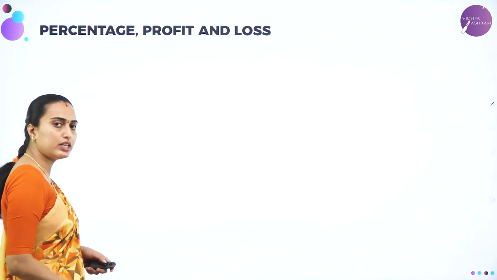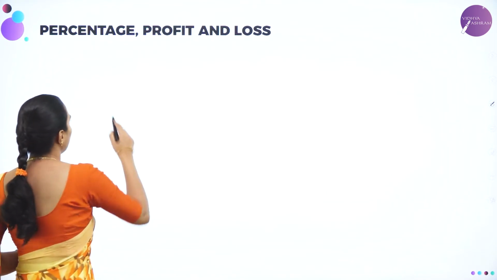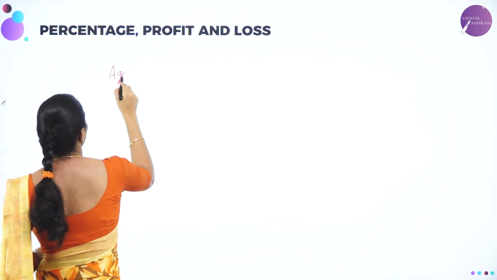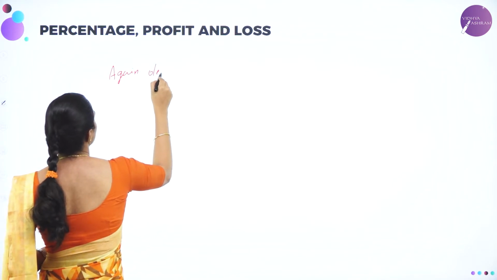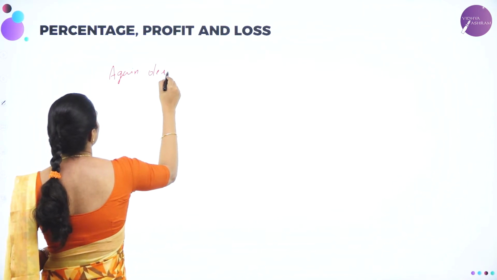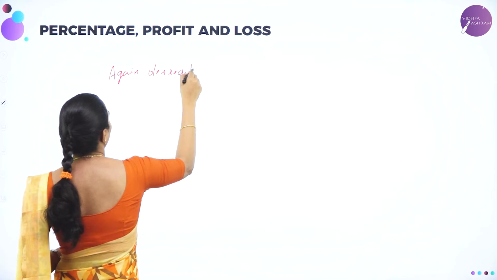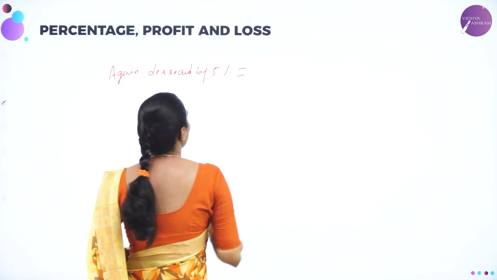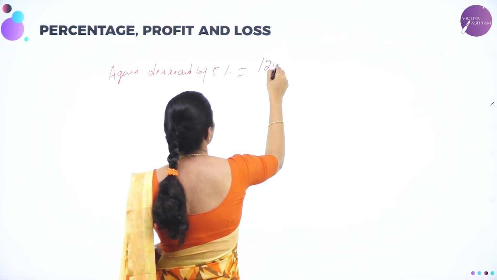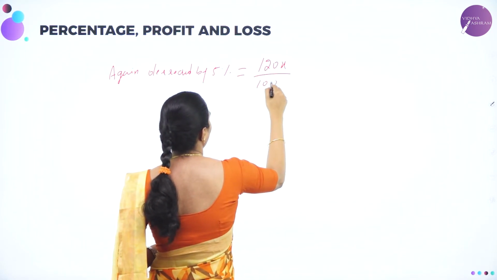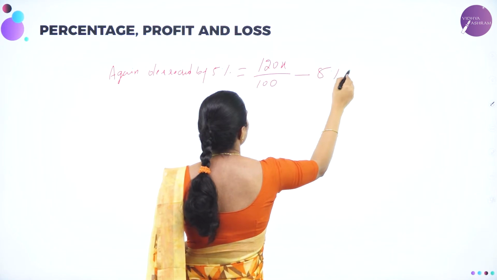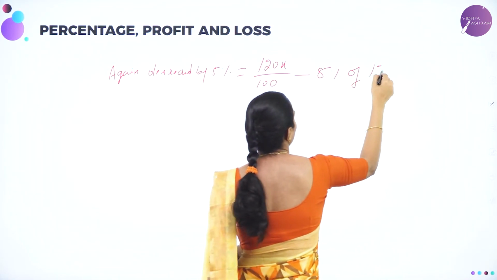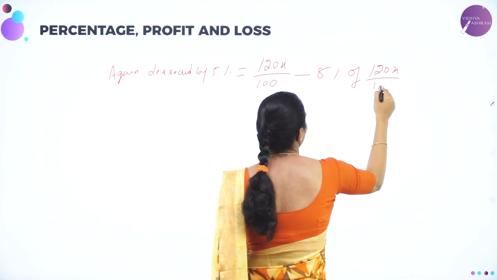Again, it was decreased by how many? 5%. Therefore, again decreased by 5%, which will be equal to 120X divided by 100 minus 5% of 120X divided by 100.